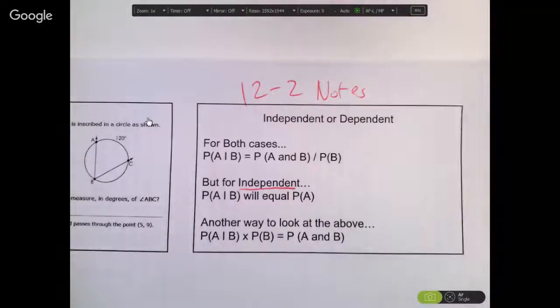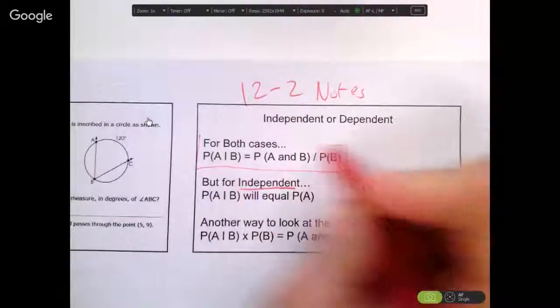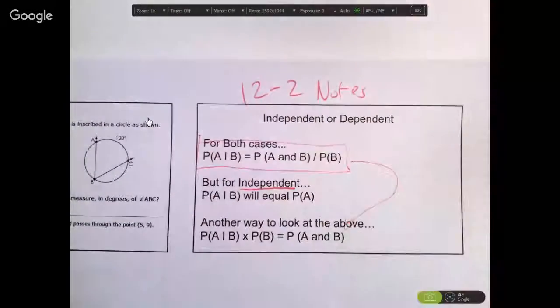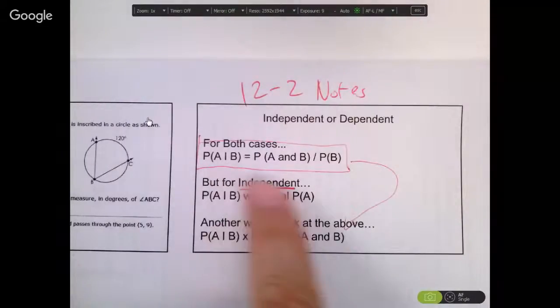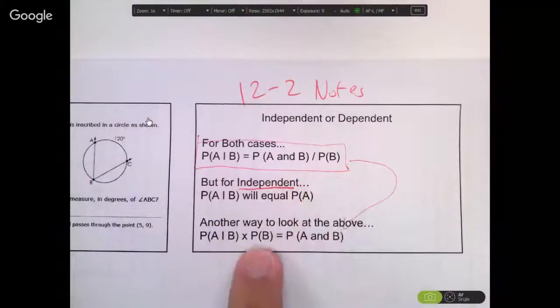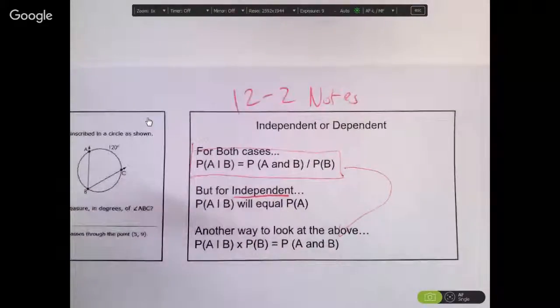If it's not affecting it, it's not going to have an effect on the probability. Also, if I take this formula and rewrite it, instead of dividing by B, I just multiply it to the other side. That's another formula that we may need to use. So these three formulas are being added to that long formula sheet we have, and those are all the formulas that we need to know.